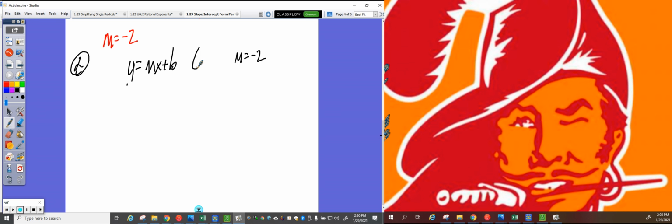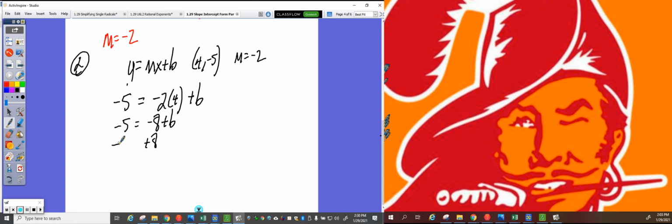So let's do 4, -5. So -5 equals -2 times 4 plus b. So -5 equals -8 plus b. When I add this 8, 3 equals b. Okay?